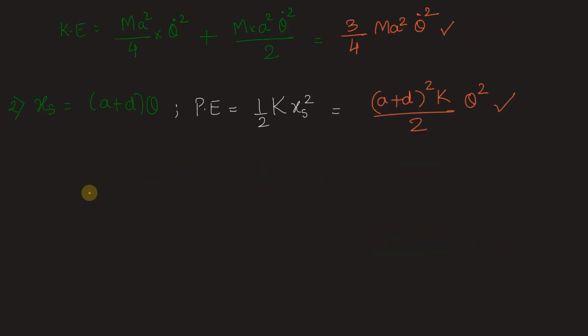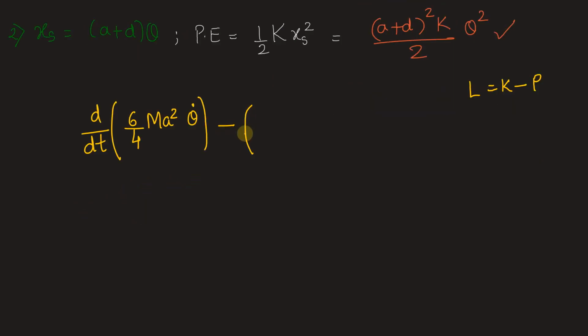We can write the equation of motion directly, d by dt of partial derivative of Lagrangian. Lagrangian is the difference between the two, kinetic energy minus potential energy. And we need to calculate dou L by dou theta dot. So the only term which will have a derivative here will be this term, and the derivative will be 6 by 4 m a square theta dot, minus, we have to take derivative of L with respect to theta in the second term.